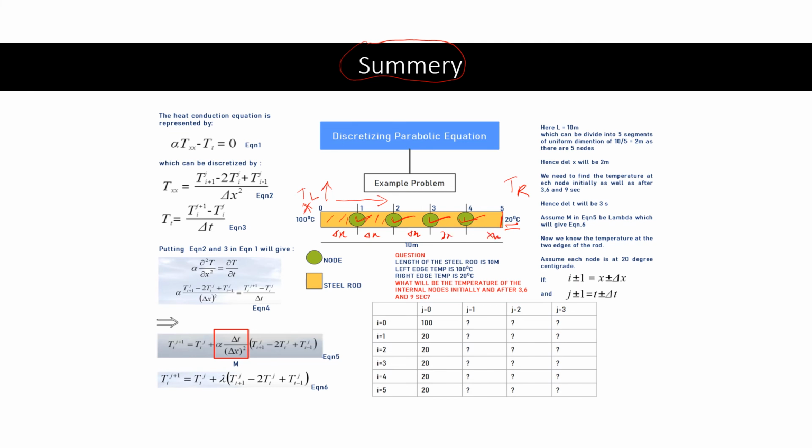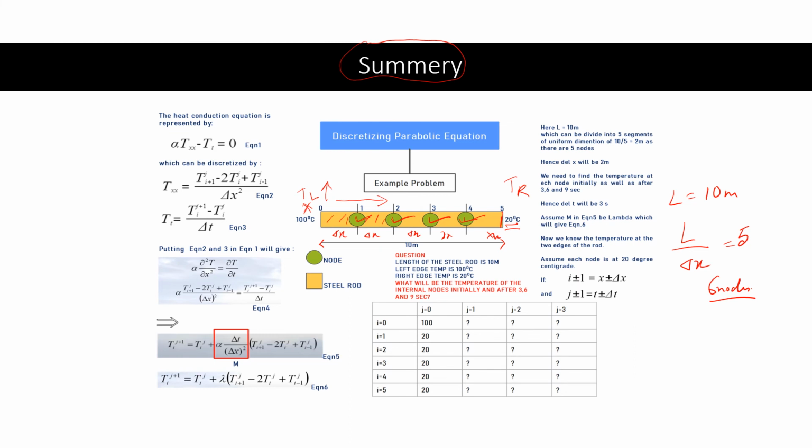And in the example, the length of this rod is 10 meters. So we have generated five segments. Actually, there will be 6 nodes if I include the 0th node also.